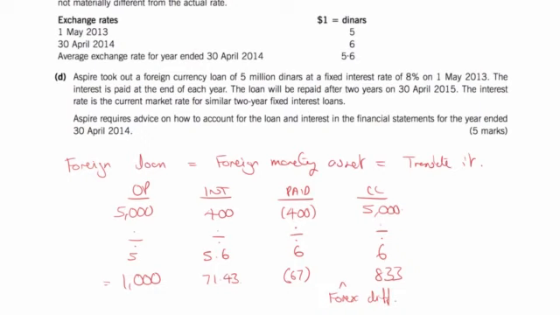I'm going to have to work it out myself now because I've forgotten. So we've got 1,000 plus 71.43 minus 67 minus the 833, a difference of 171.43. And that is our foreign exchange difference that we will have to put in our income statement.